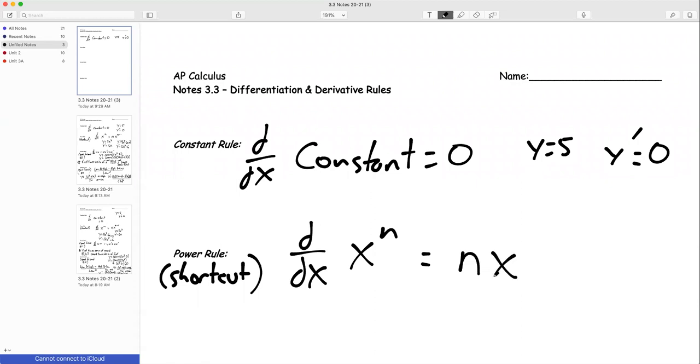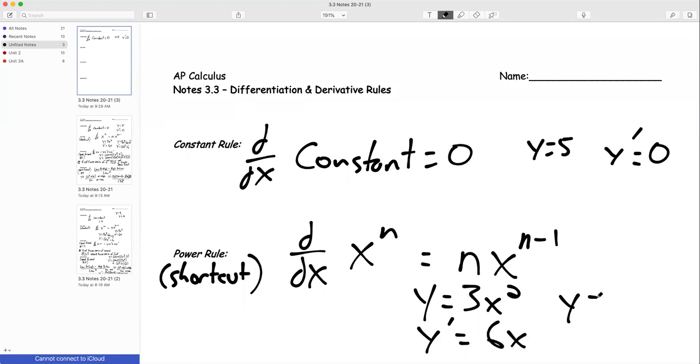And then I'm going to subtract 1 from my exponent. Okay, so y equals 3x squared. Y prime would be 6x.